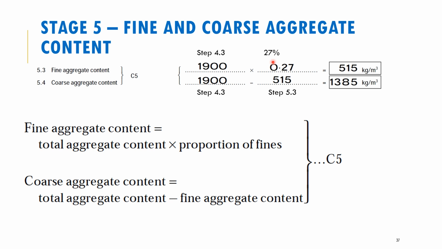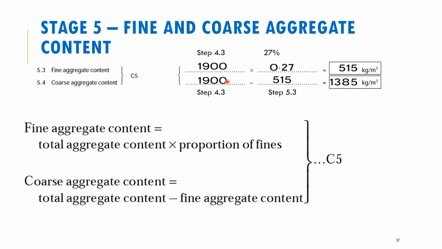So that was the aggregate content that was passing that small sieve. So 27% as we obtained from step 5.2. And if I multiply both of these together using this first equation, we obtain the fine aggregate content, which is 515 kilograms per meter cubed.